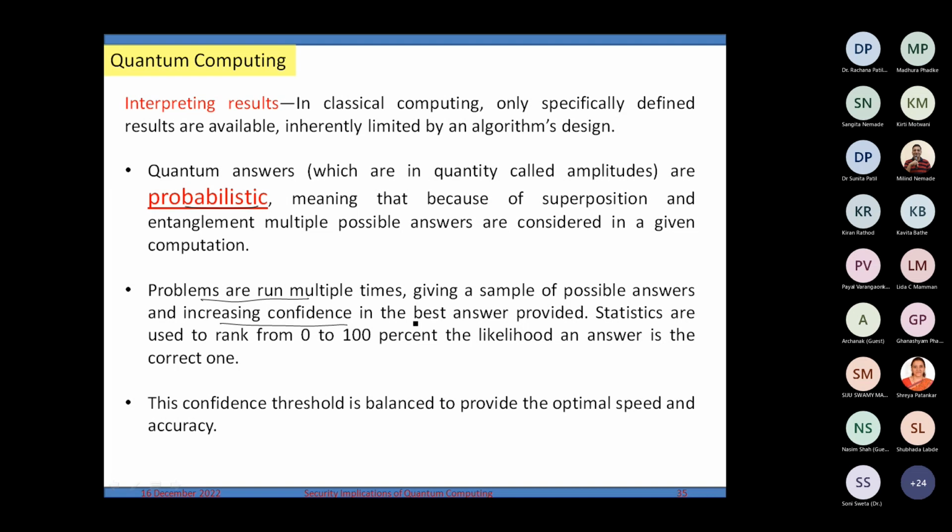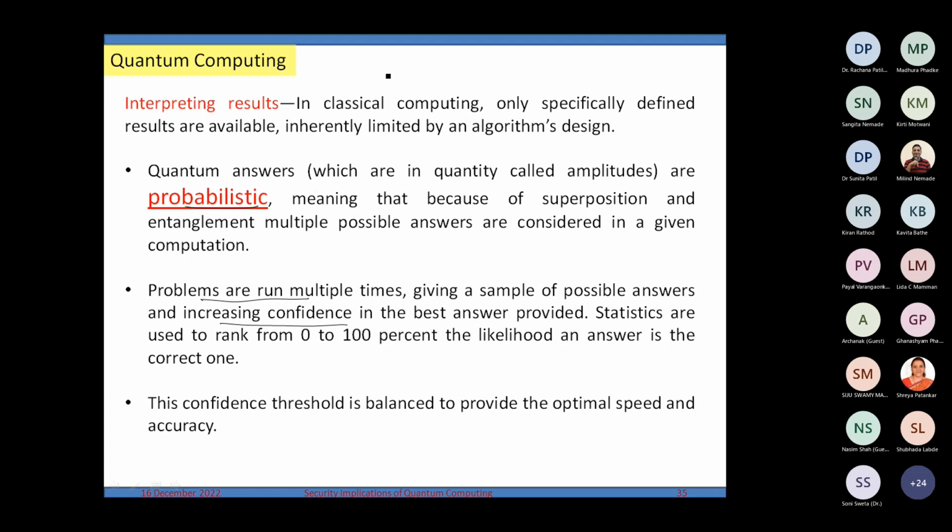Okay, so we have seen the way information is represented in terms of qubits, the way information is processed in terms of a quantum algorithm, and the way the result is interpreted in the quantum computer.